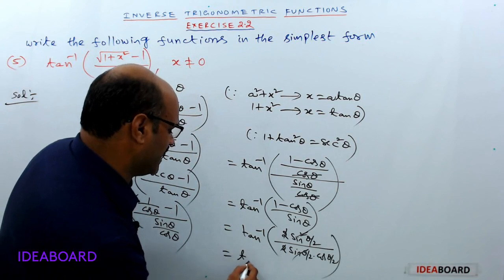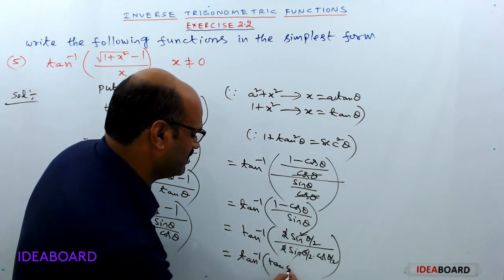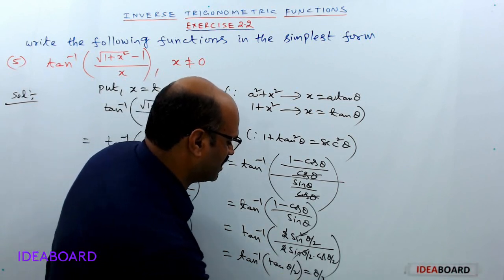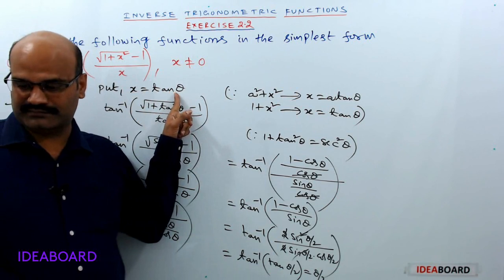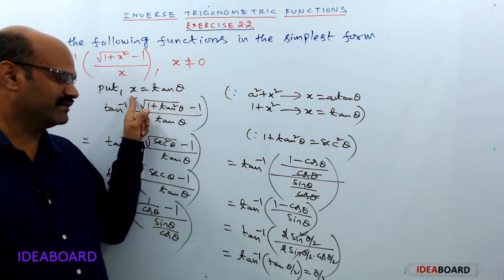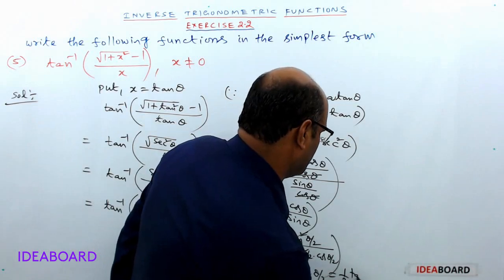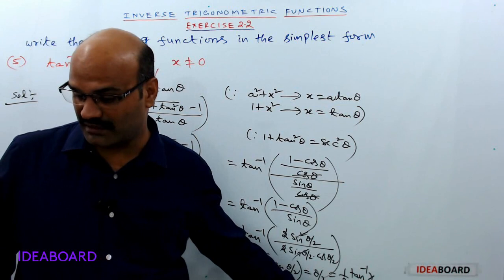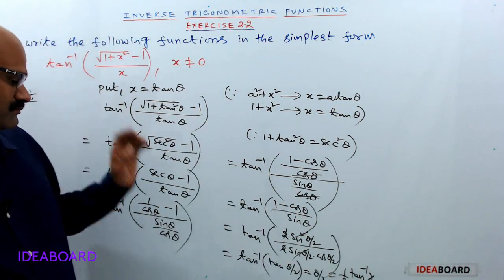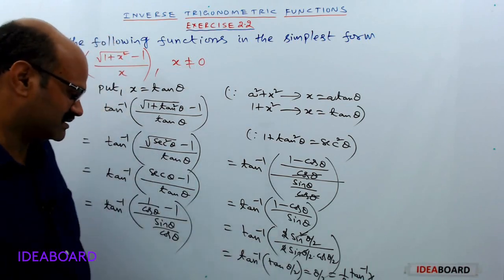Then tan inverse of sin theta by 2 by cos theta by 2, that is tan theta by 2, equal to theta by 2. X equal to tan theta, then theta equal to tan inverse x. So equal to 1 by 2 into tan inverse x. This is the simplest form of the given problem. So the final answer is 1 by 2 into tan inverse x.